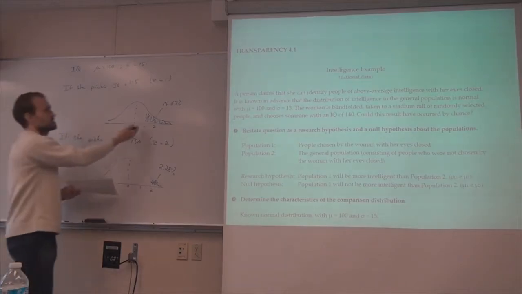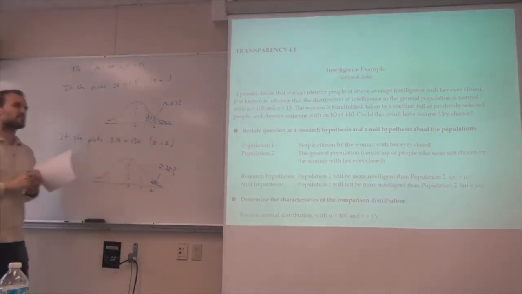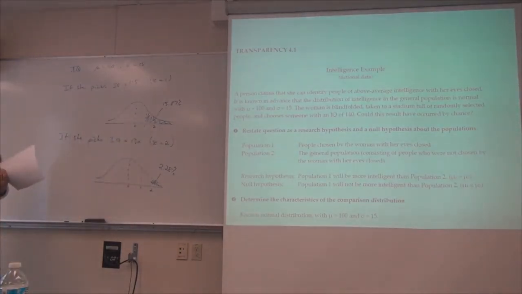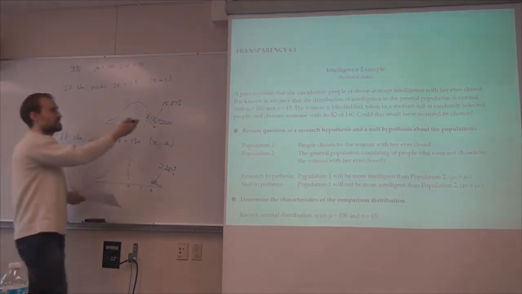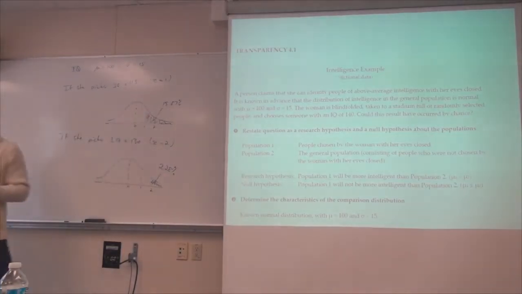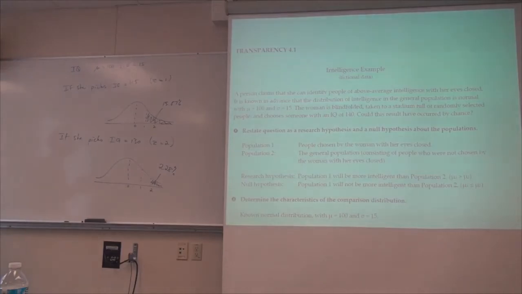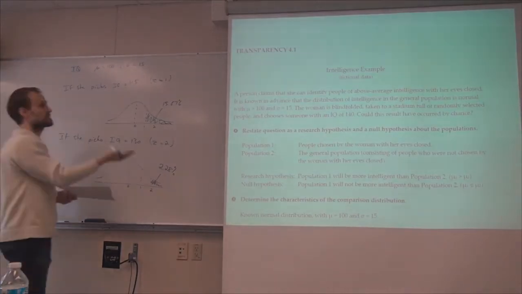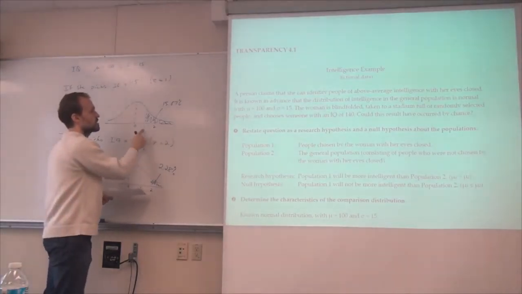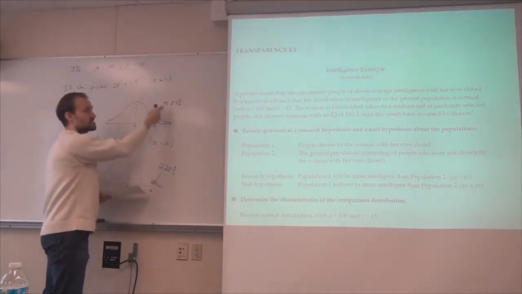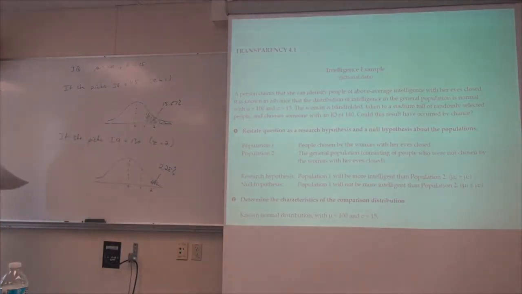It is above average, but it's not above average by much. You had a 15.87% chance of picking that person randomly. If I just randomly pick someone, the probability of them falling in this range is almost 16%. So that could have happened by chance. You're not necessarily showing me that your claim is true.